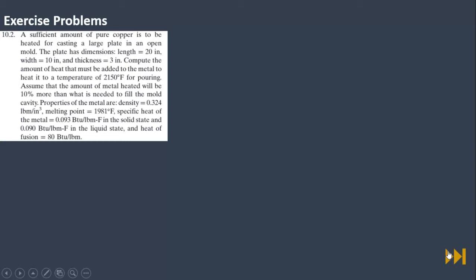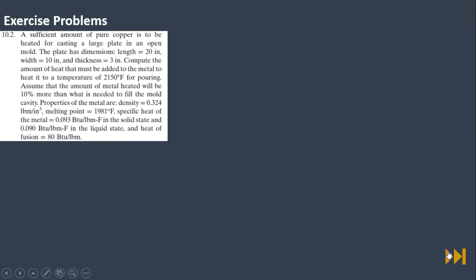The plate has dimensions, the length equals 20 inches, the thickness equals 3 inches and the width equals 10 inches. Compute the amount of heat that must be added to the metal to heat it to a temperature of 2150 Fahrenheit. Assume that the amount of metal heated will be 10% more than what is needed to fill the mold cavity, and the properties of the metal are given here.